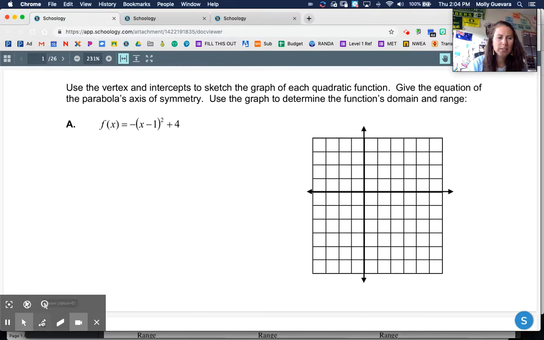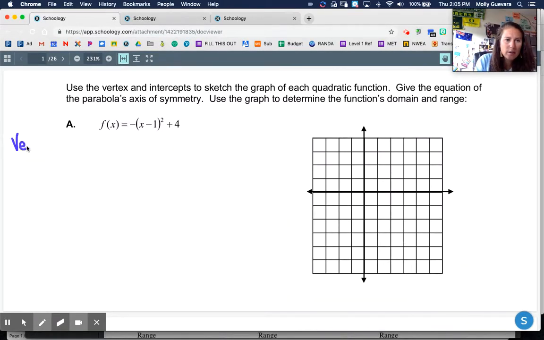Our first example says to use the vertex and intercepts to sketch the graph, give the equation of the axis of symmetry, and then use the graph to determine the domain and range. So lots of stuff going on. Let's start with our vertex. Luckily, this equation is already in vertex form, so that's exciting.